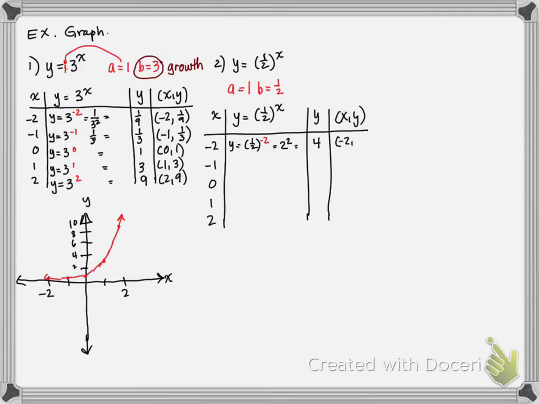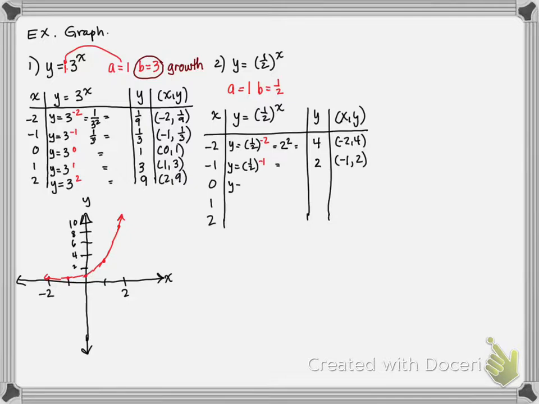So -2, 4. So definitely I'm starting up with high y values. And then I plug in -1 for the second one, which is going to take the reciprocal, and that's just going to give me 2. So notice all of a sudden now my y's are decreasing, whereas in the other case, the y's increased.